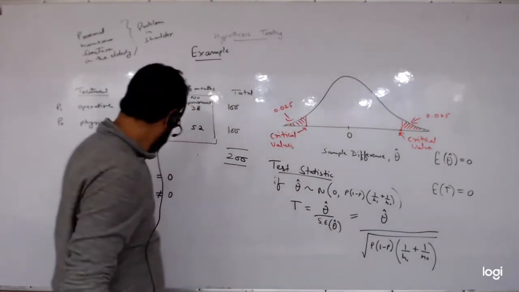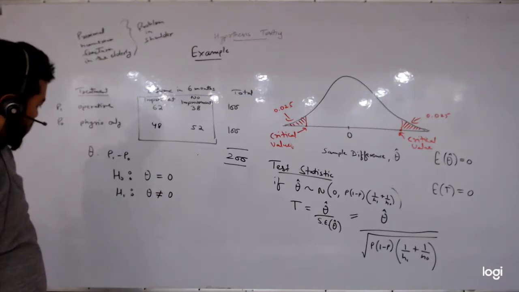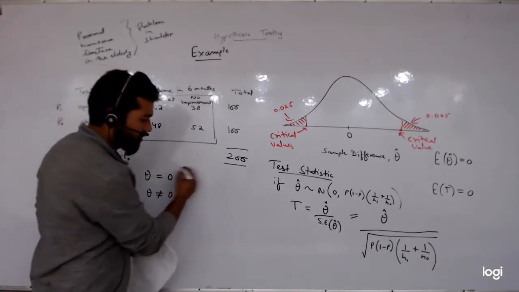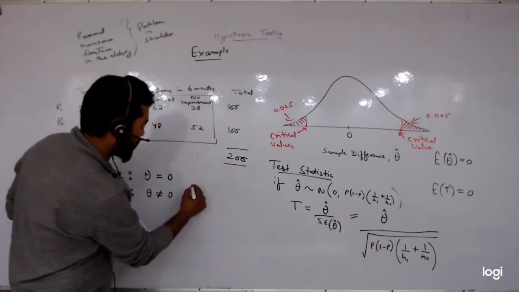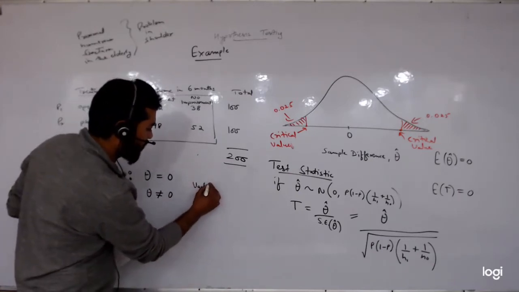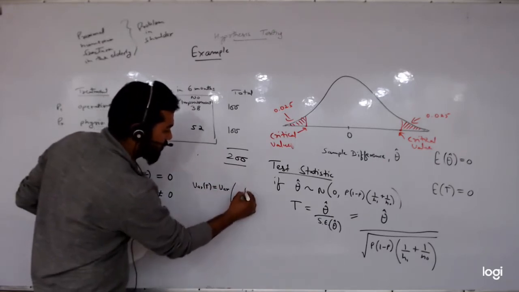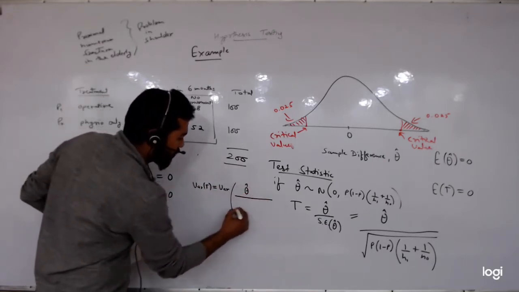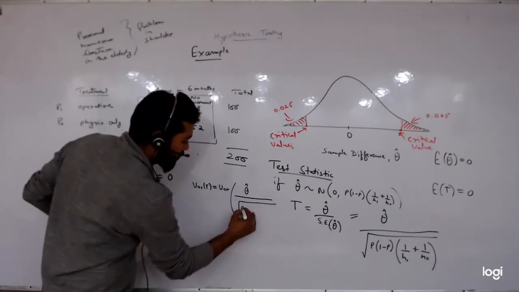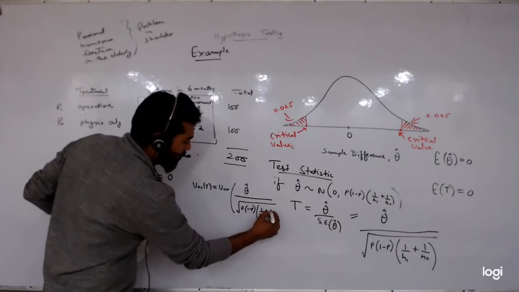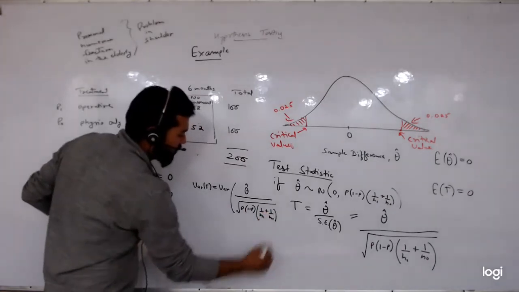I'm running out of space, so let me use this small space for this. We need the variance of t, which would be the variance of p1 minus p0 divided by the square root of p(1 minus p)(1 by n1 plus 1 by n0).